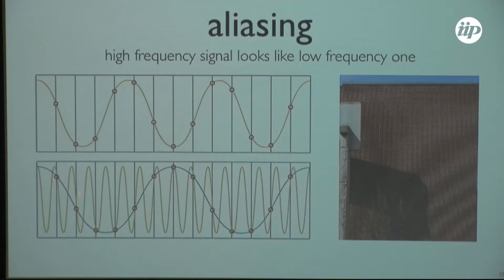And so this higher frequency yellow sinusoid will look the same as this lower frequency blue sinusoid. You won't be able to distinguish it, and it will look like you have a large amplitude at this lower frequency, where in reality what's happening is that you're not resolving this higher frequency component in your signal.